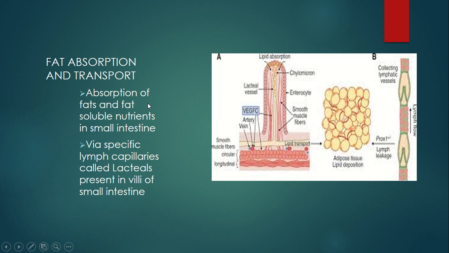Instead, they are carried away by the very thin vessels called lacteals that are part of the lymphatic system. These lacteals are present in the villi, and the fat soluble substances or fatty acids are absorbed by the lacteals and carried to the adipose tissues for storage.